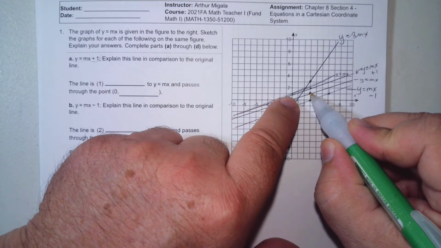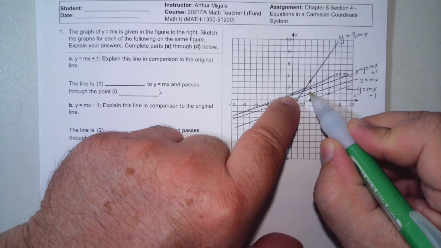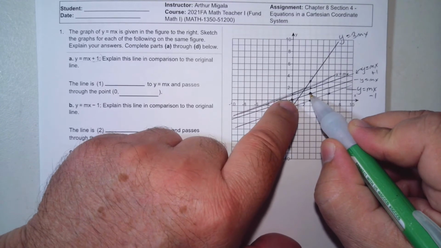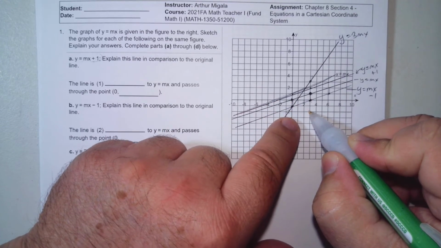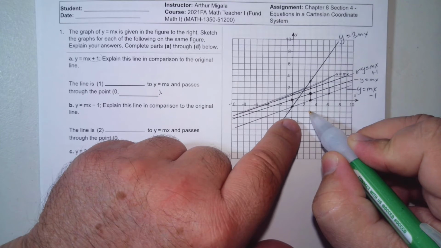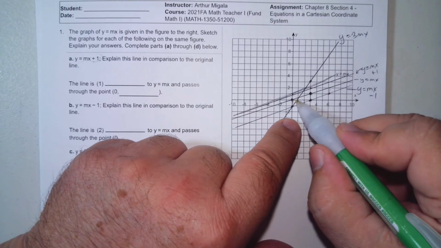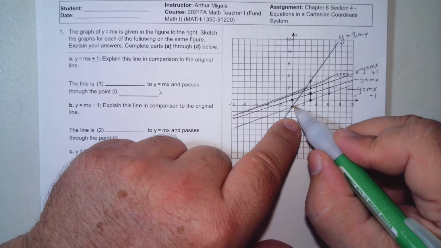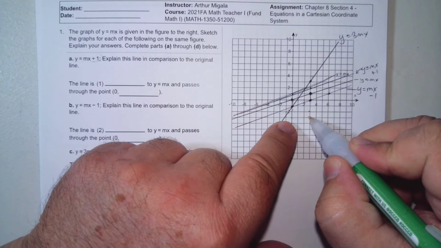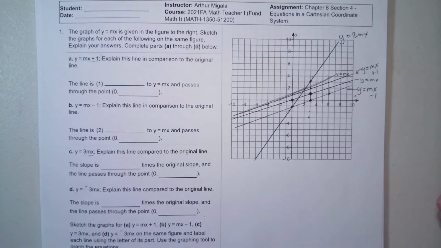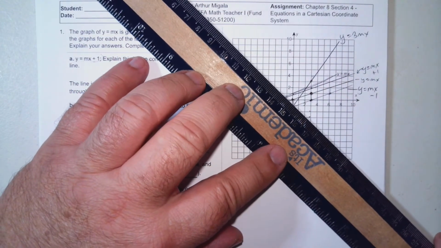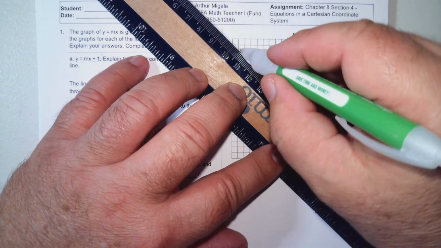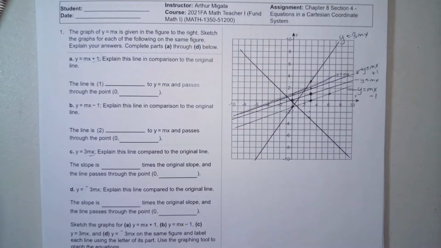So from negative 1 times negative, this becomes negative 3. It should look like that.